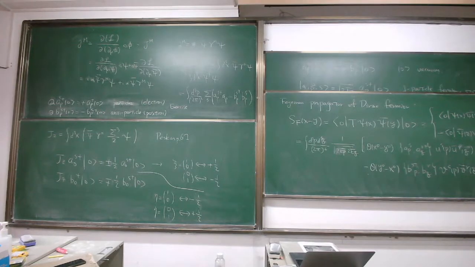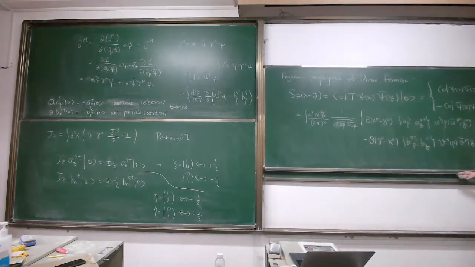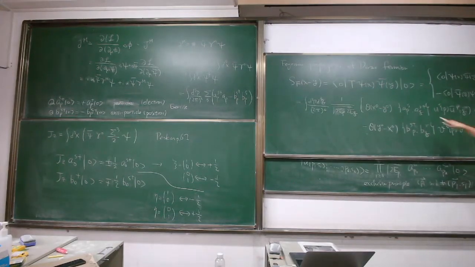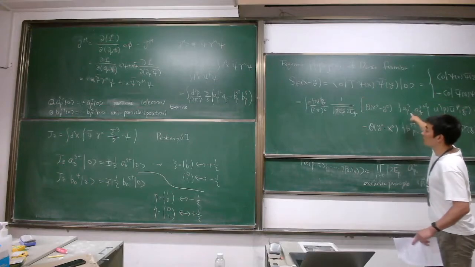So this is what you get. This part will give you this guy, and this part will give you this guy. And then plug into the computation. This one will give you a delta function.